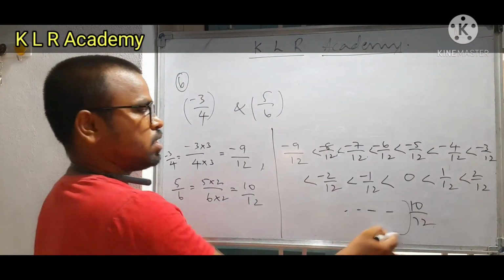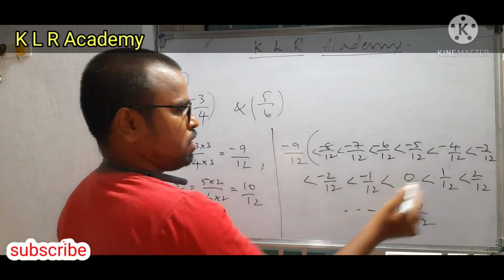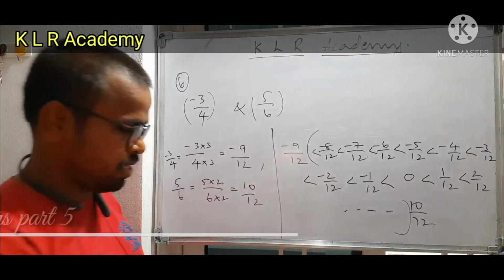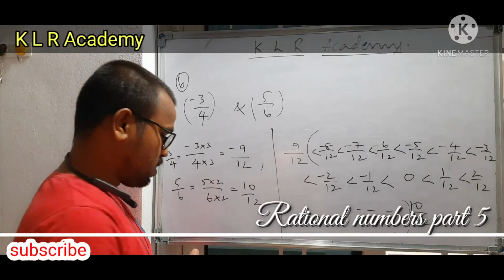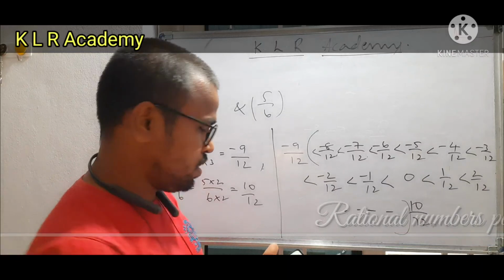Okay, write any numbers from this range, any 10 rational numbers from this area you can take. Right? With this question number 6, exercise 1.2 is completed.